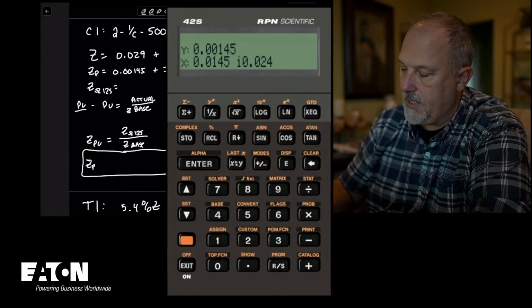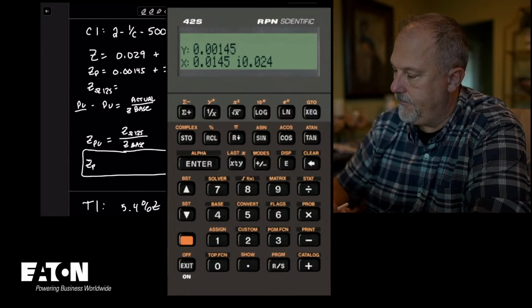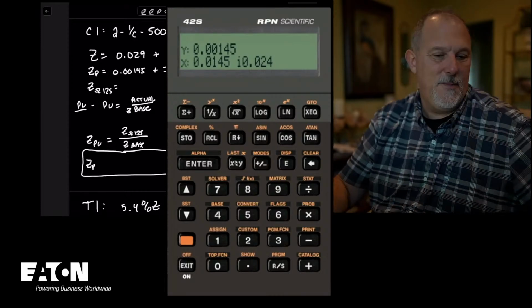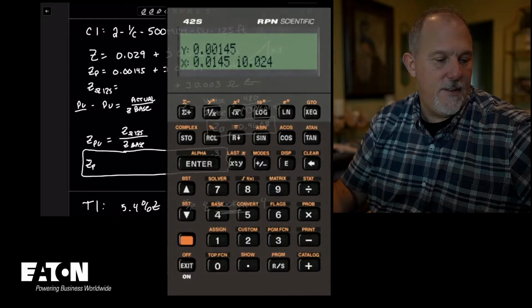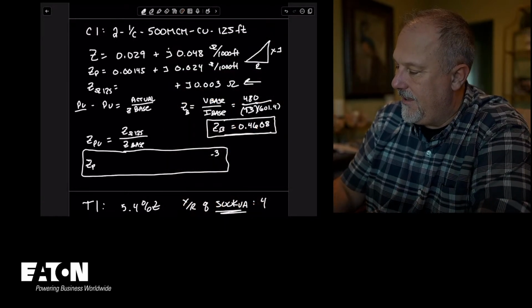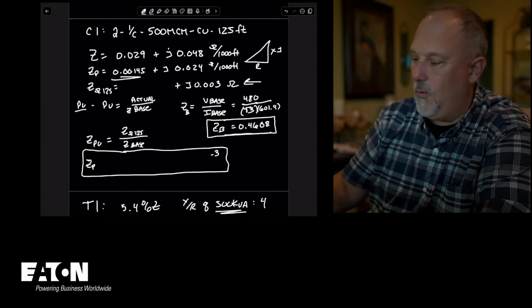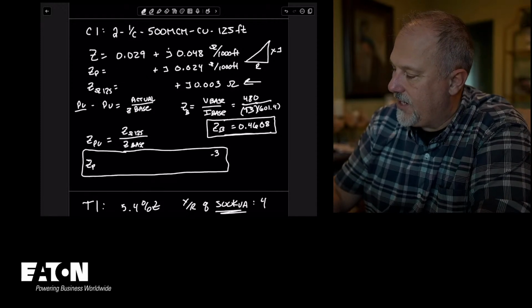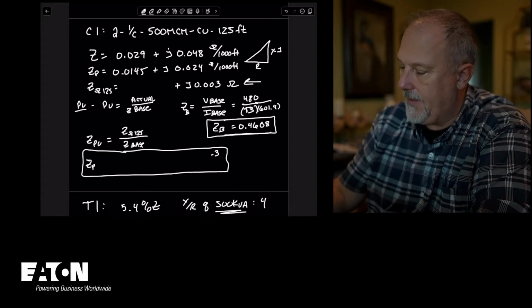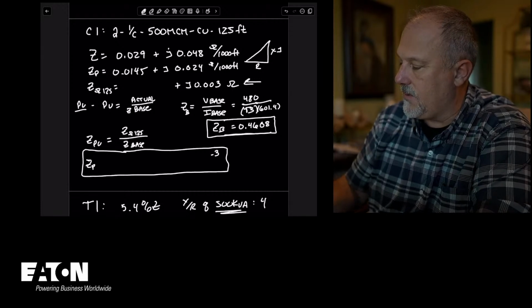So I divide that by 2. Look at that. See, there's my issue. That's 0.0145. I have 0.00145. Transposed the numbers wrong. 0.0145. And that's 0.024. So that's where I screwed that one up.